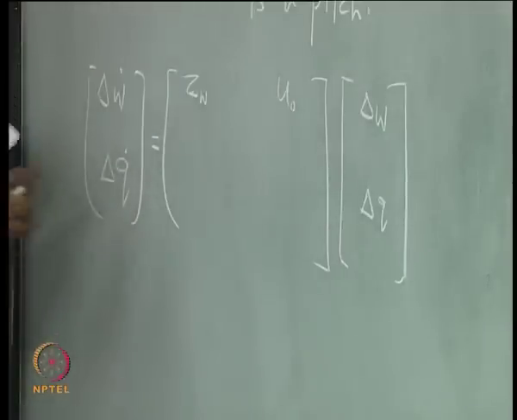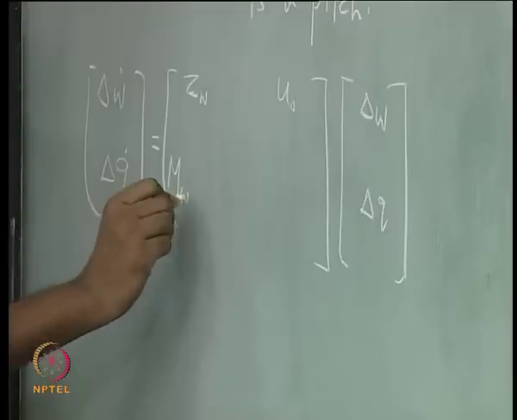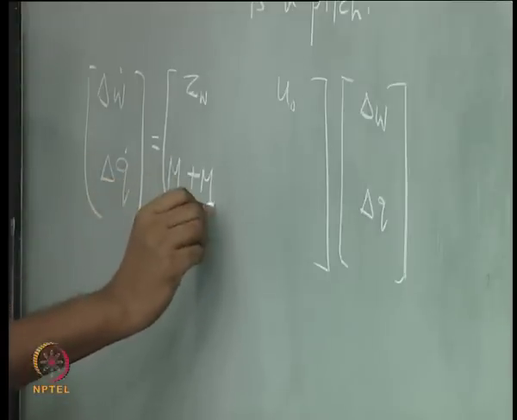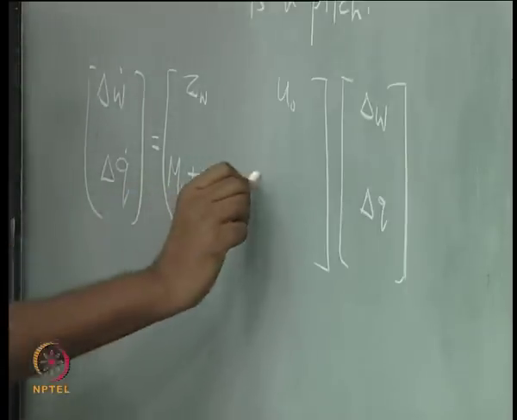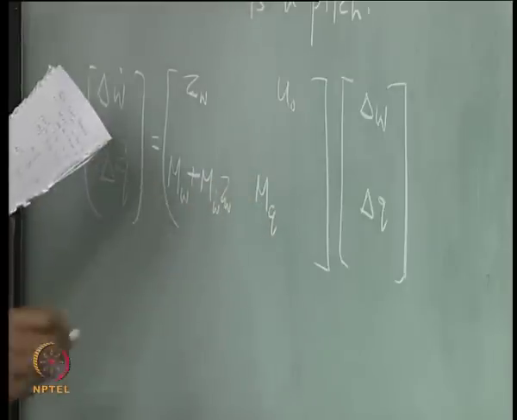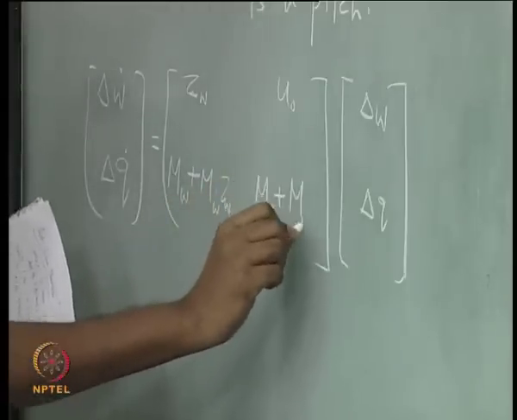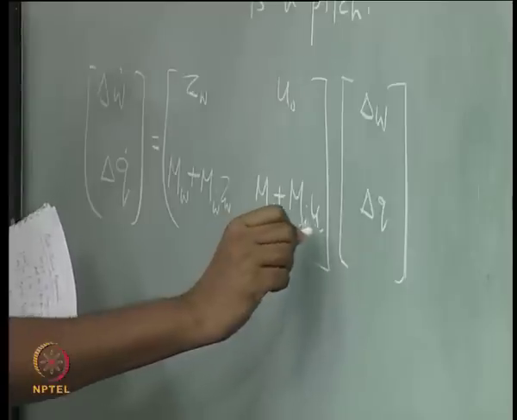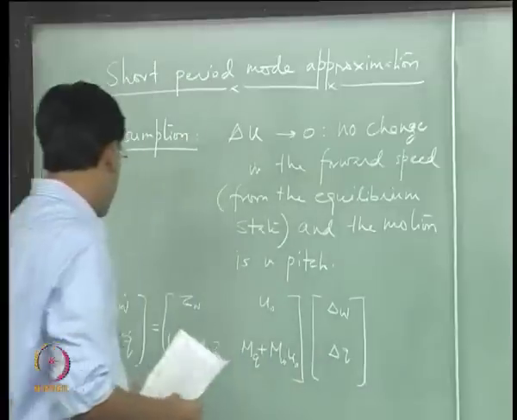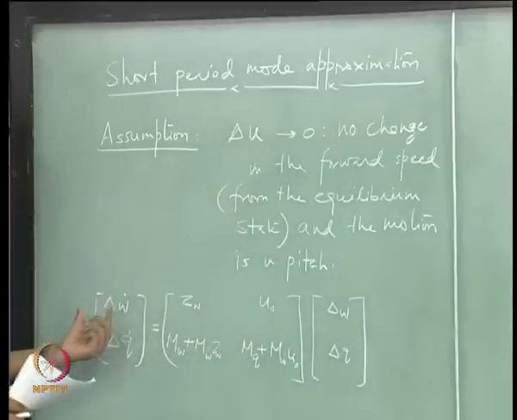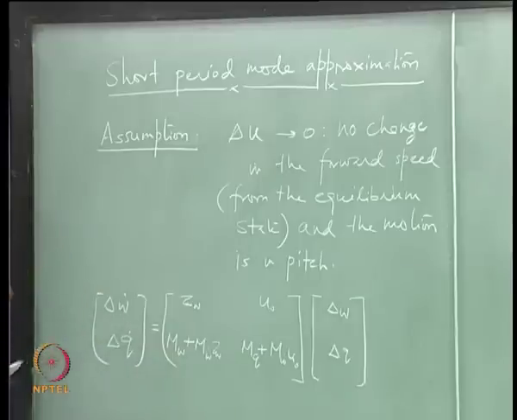Z_w, u naught, M_w plus... right. We can also write these equations in terms of delta alpha, right.